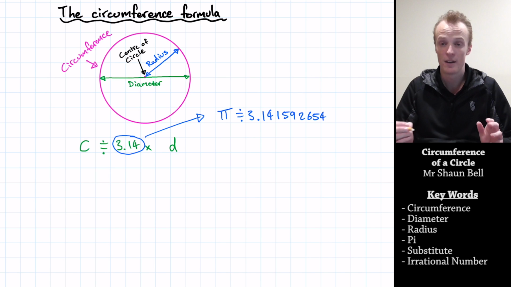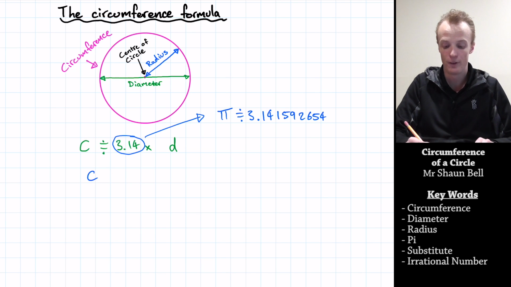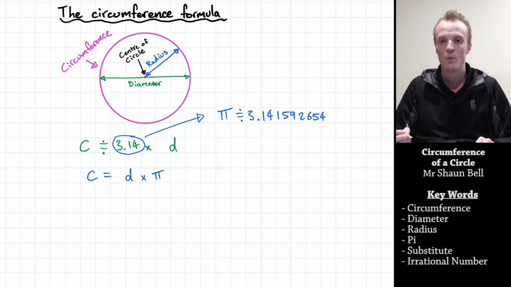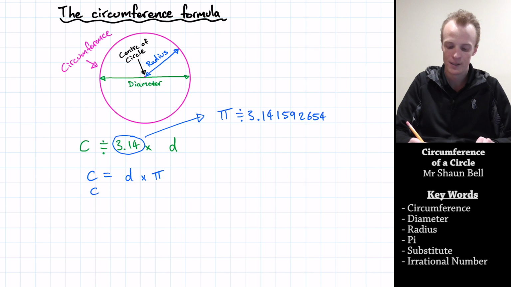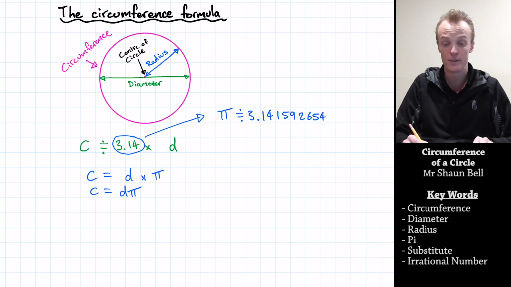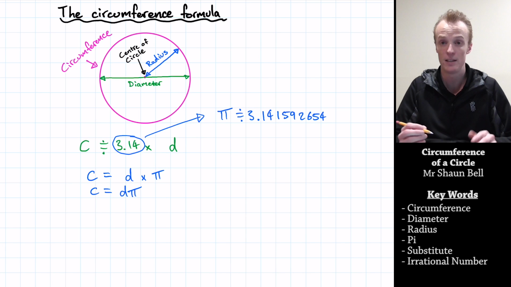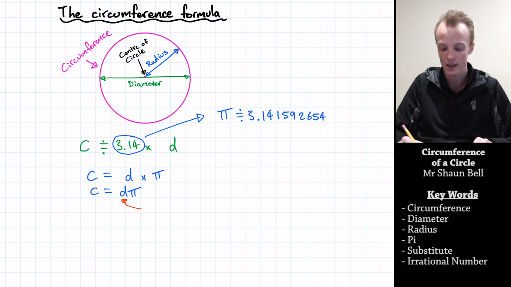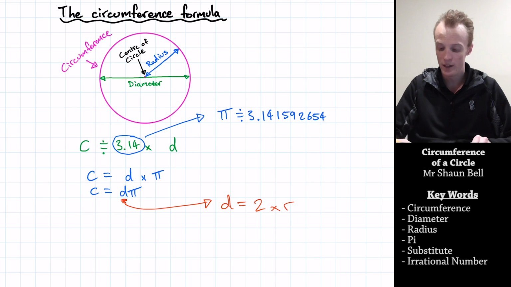But what is special about the number pi is our circumference is exactly equal to our diameter multiplied by pi, which as a formula we write as circumference equals d pi. But there's actually two forms that this circumference formula exists in. It exists in this form that I presented here, circumference equals d times pi, but d is also equal to 2 lots of r, or 2 times r, which we can write as diameter equals 2r.